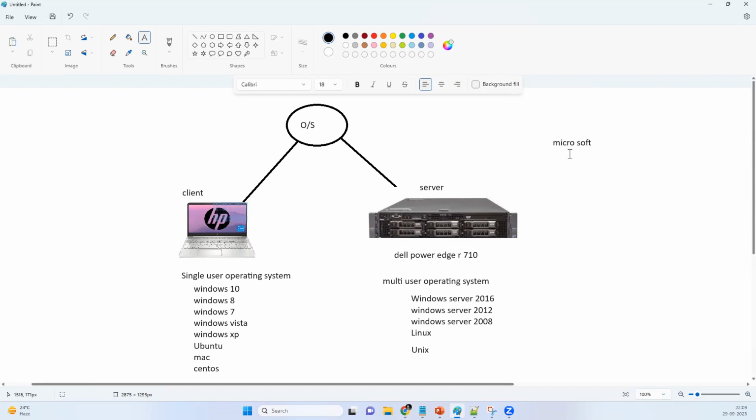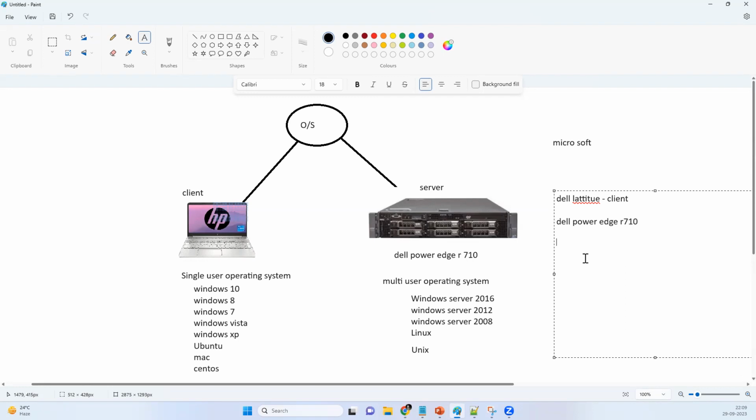The same way, the hardware companies also created two types of hardware. For example, Dell Latitude is for the client one. Dell PowerEdge, 710, 610, whatever it may be, these all are the server side.